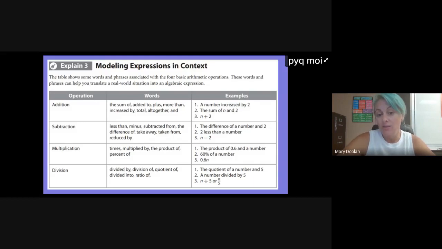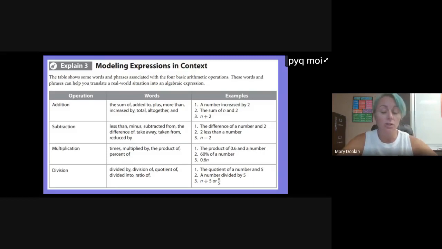60%, to do calculations with percents, you've got to change it into a decimal. If you think of the word percent as per 100, then you can think of 60% as the fraction 60 over 100. And you can do that with any percent. You can turn it into a fraction by taking the value and putting it over 100.